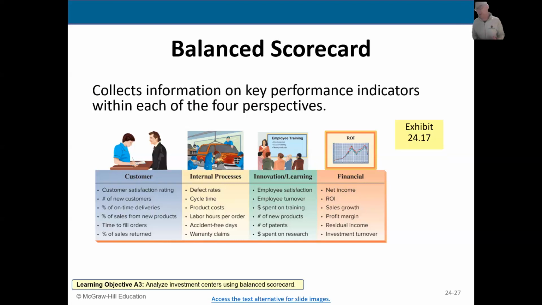Look at income, sales growth, profit margin, investment turnover, etc. All of these together represent what we call key performance indicators. Key performance indicators tell us how well the company is doing as a benchmark for their budgeted and actual performance, or their goals for their actual performance. A way of measuring the company's growth.